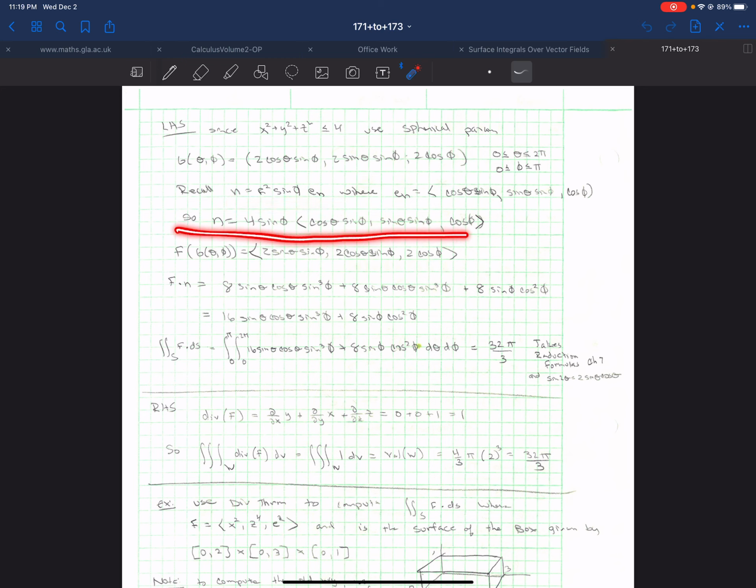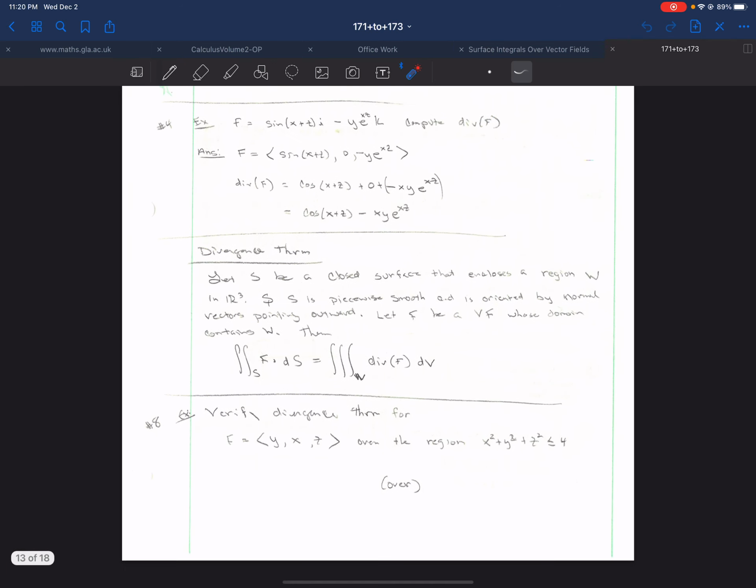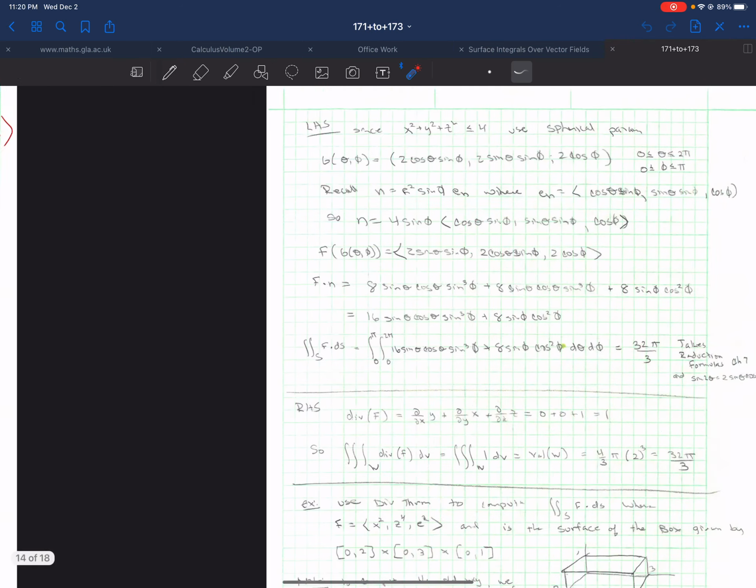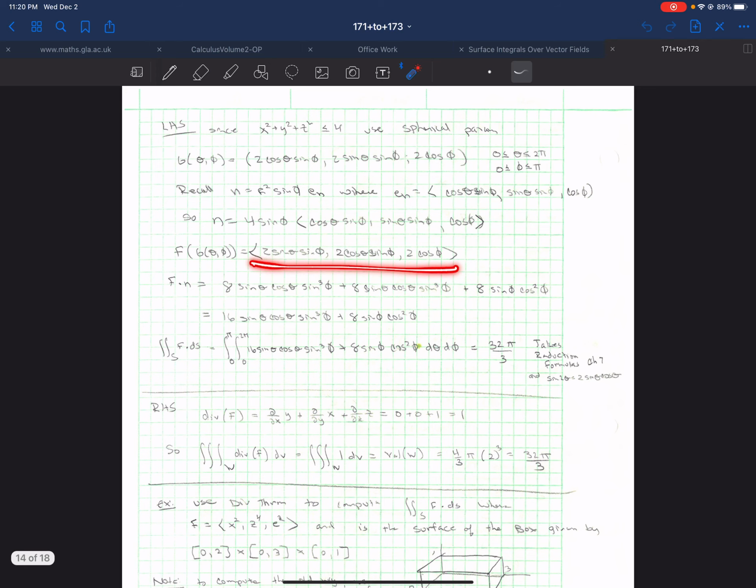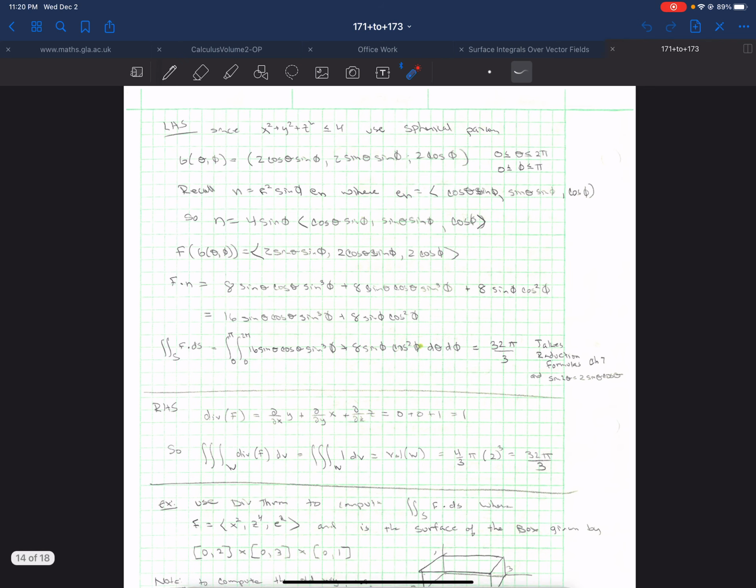Once I feed my parameterization into this vector field, I get this. And when I dot this with that n vector, it works out to be this. If I then integrate, with phi going from 0 to pi and theta going from 0 to 2 pi, I get 32 pi over 3.